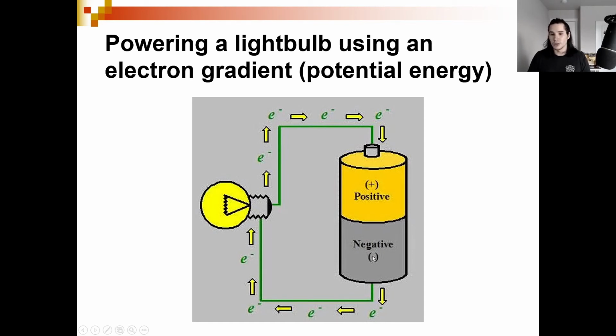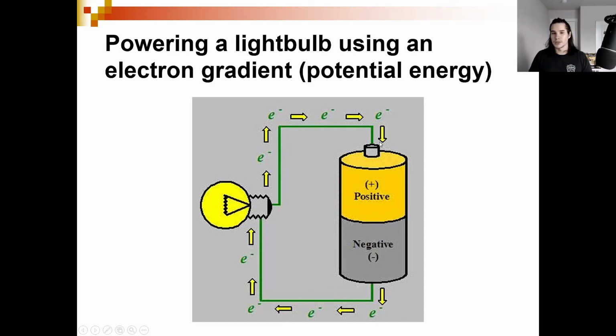So what we do is, let's say we grab a wire that electrons can travel through, and in the process of bringing that wire to the positive end where the electrons want to go, we run it past a light bulb. When we do that, these electrons surge through that wire, and now your light bulb lights up.